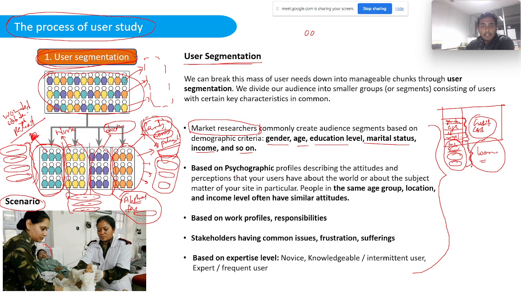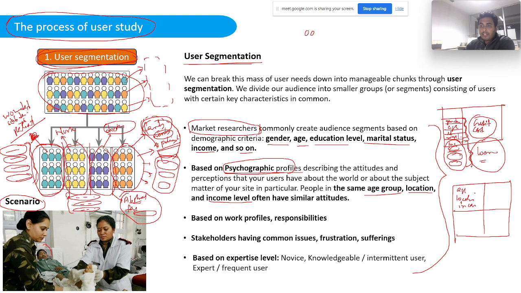Similarly, another way you can segment is based on the psychographic profile of users, which defines the attitude and perception of people based on a certain geographical condition or subject matter. Generally it is always related to demography. So if you try to identify a group of people who are facing some problems in society, for example, age group can be one, location, then income level.